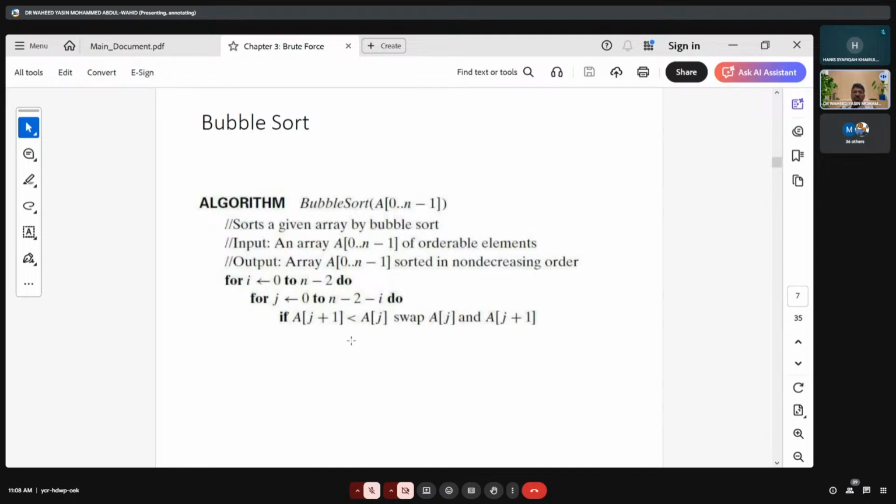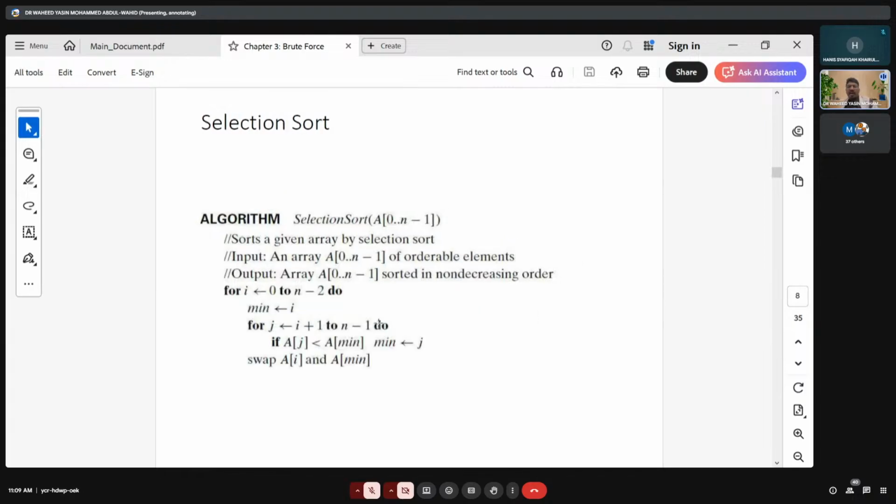In bubble sort we did a swap many times, and last time we did the swap 10 times when we had an example of 5 elements. We make the swap in the worst case 10 times. But here, we make the swap 2 times only in selection sort.